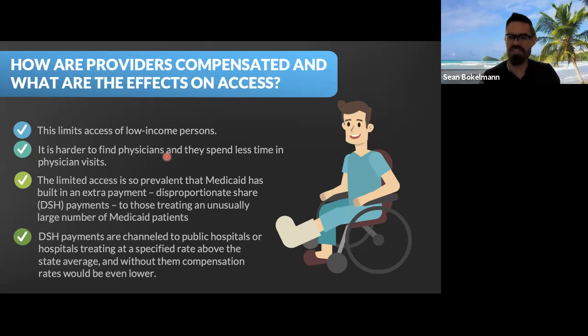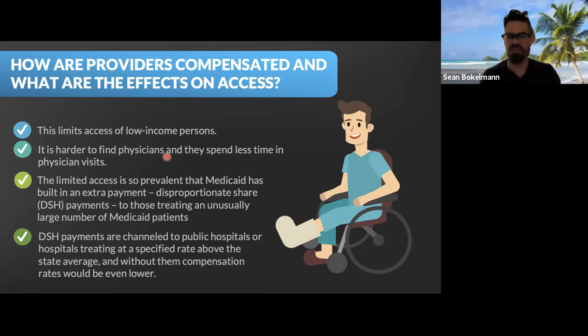In fact, these limitations on access are so prevalent that Medicaid has built in an extra payment called the disproportionate share payment. These are payments to physicians that are treating an unusually large number of Medicaid patients. These payments are channeled to public hospitals or hospitals treating at a specific rate above the state average.